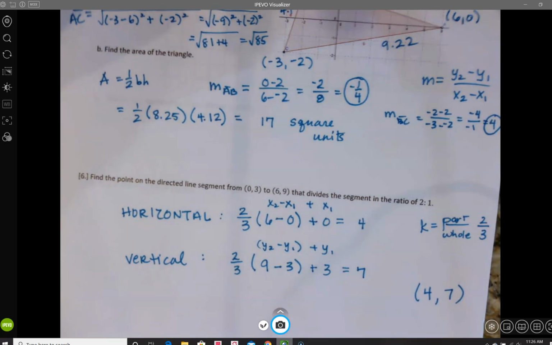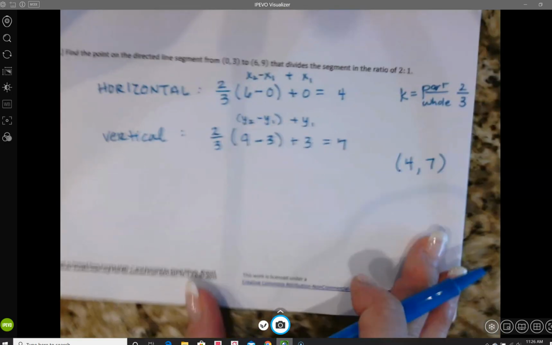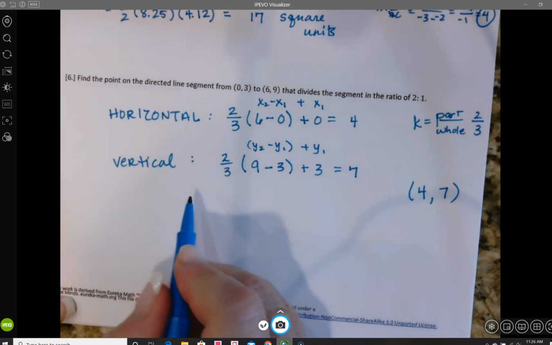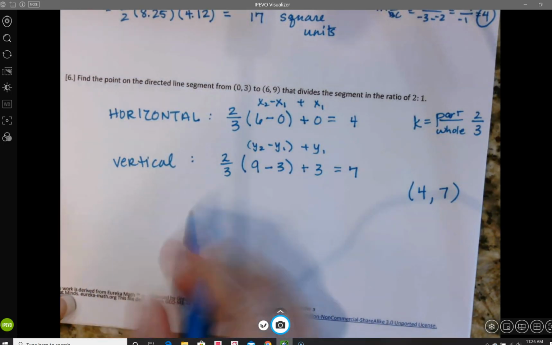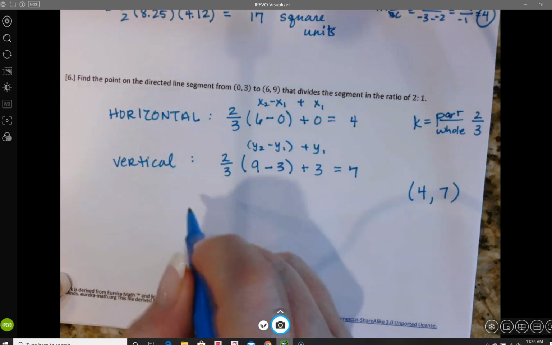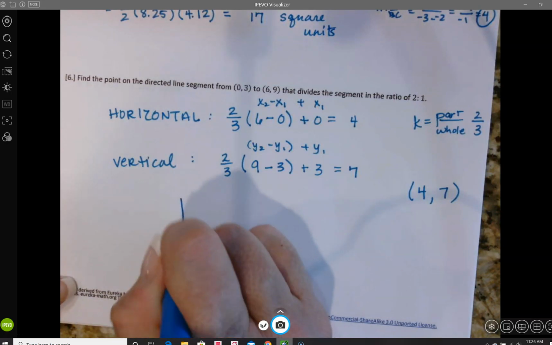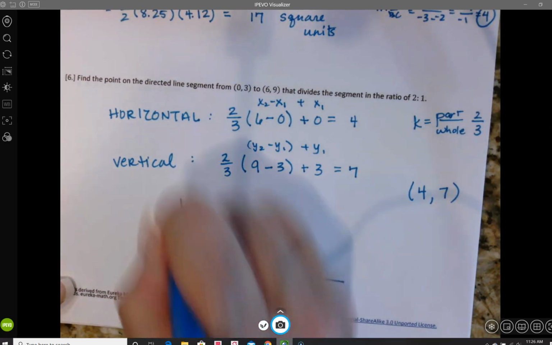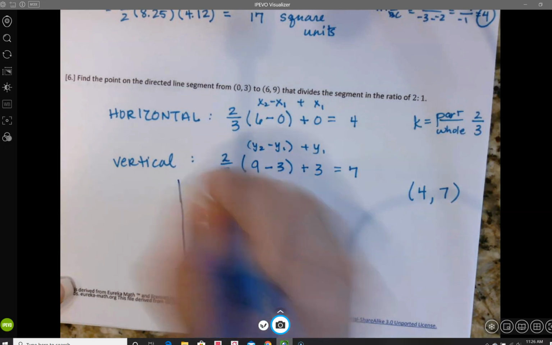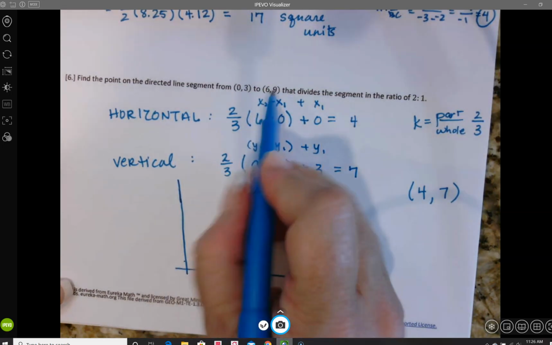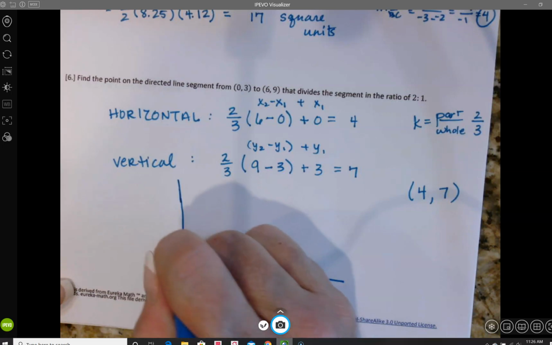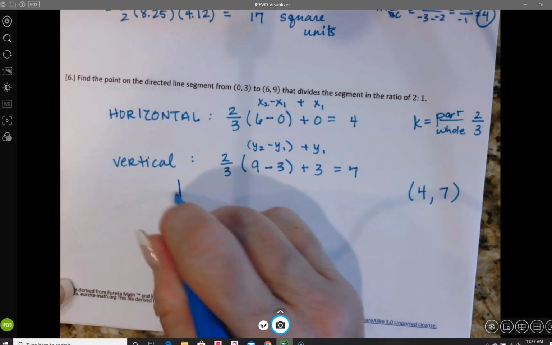Now, some of you still struggle with this and the formulas don't make any sense to you, so I'm just going to sketch this out a little bit. I wish I had a piece of graph paper here, but I'm going to go ahead and just sketch this. So here is a coordinate plane, and my highest point on the y's is 9. 1, 2, 3, 4, 5, 6, 7, 8, 9.